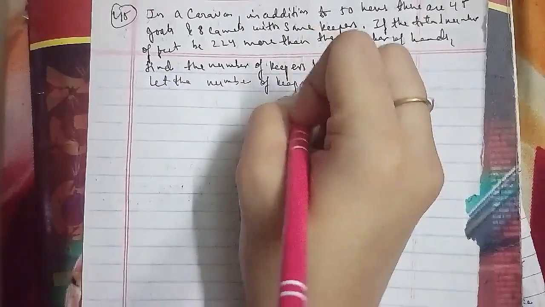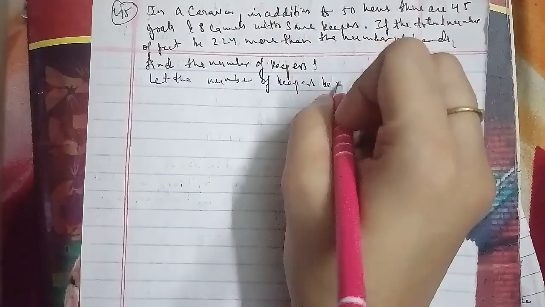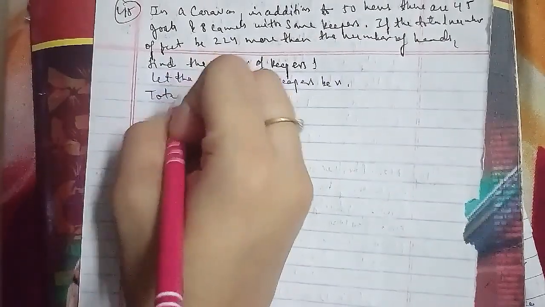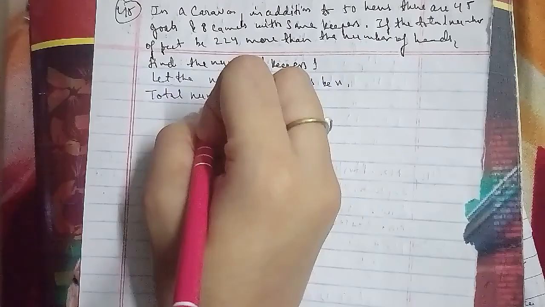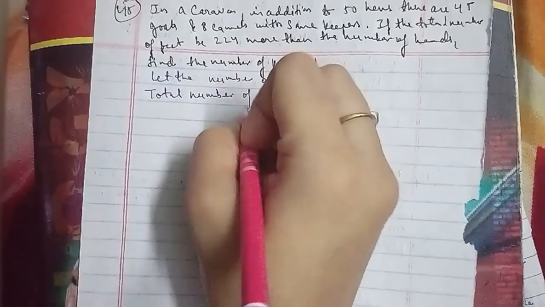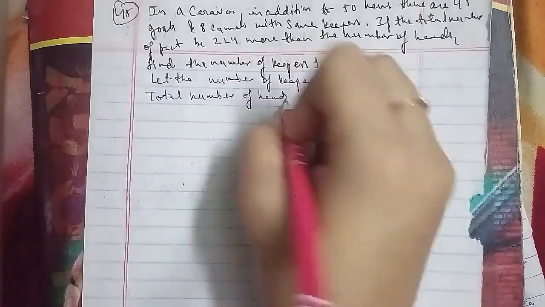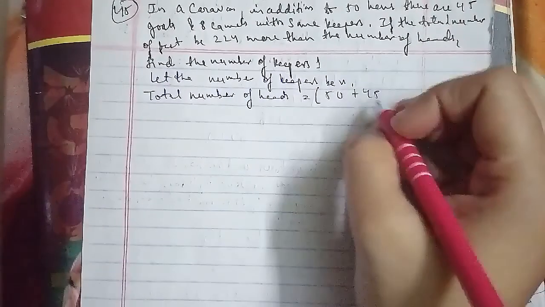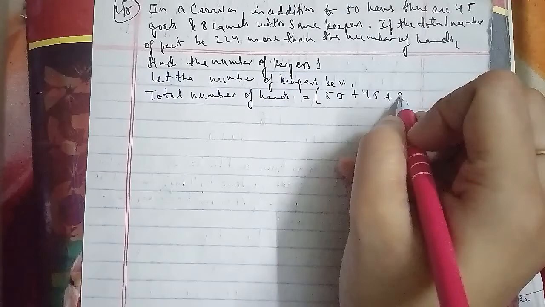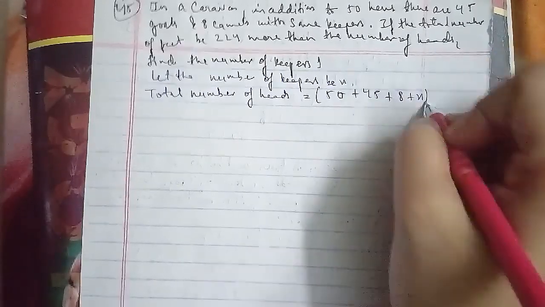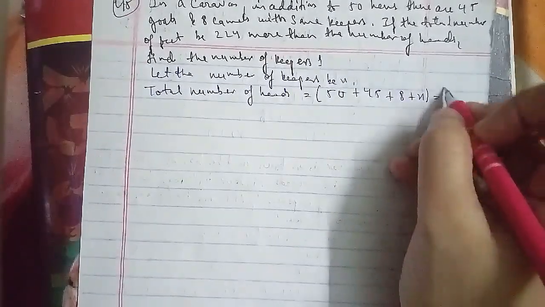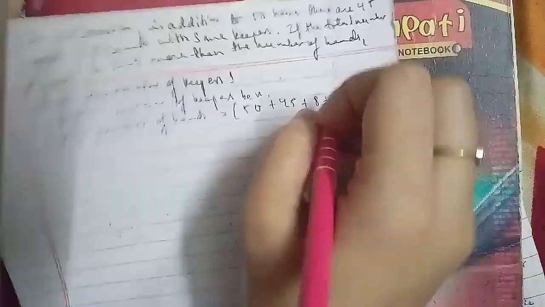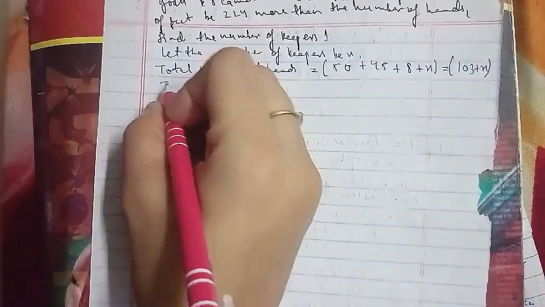So therefore 312 plus 2x minus (103 plus x) equals 224, and that gives x equals 15. So the number of keepers equals 15 here. That will be the right answer for this question as well.